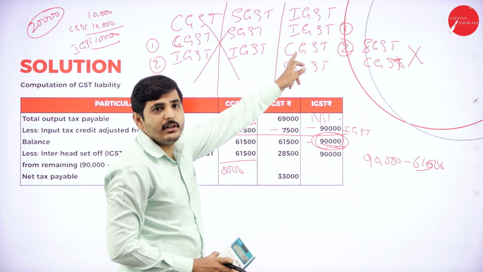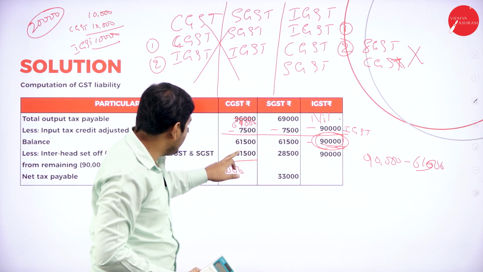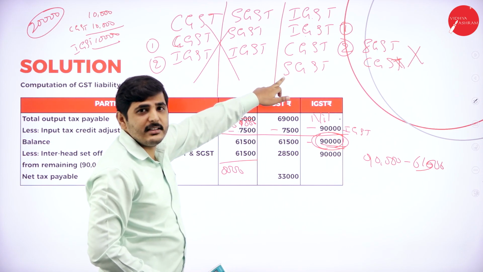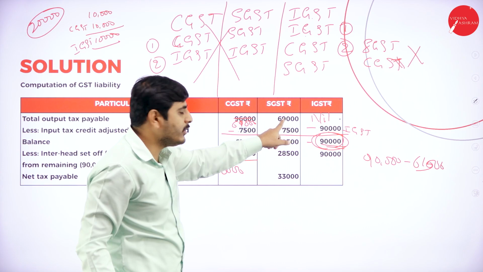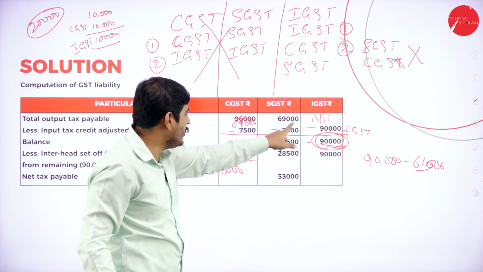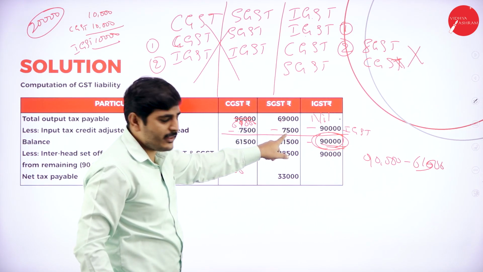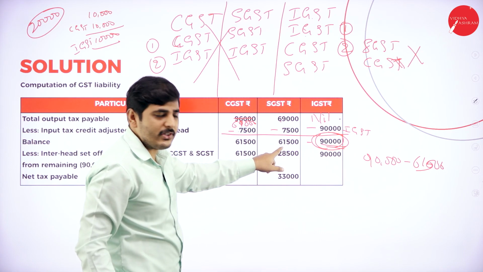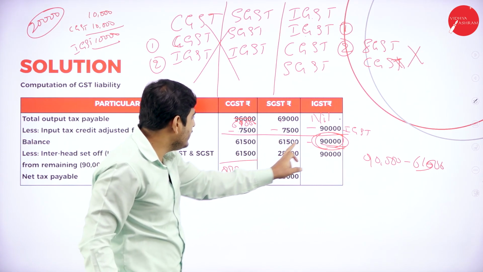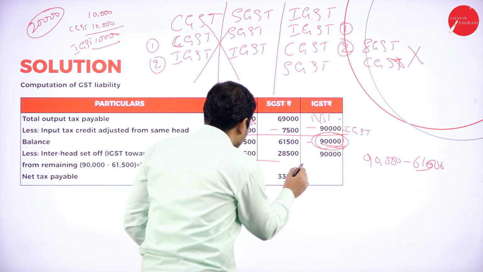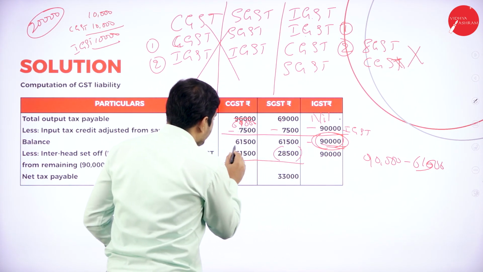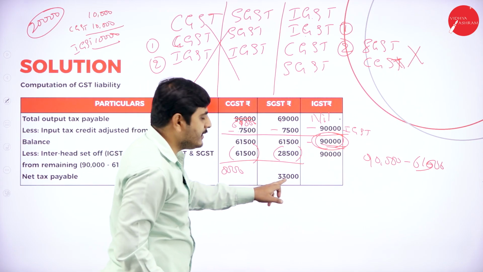Any amount available after deducting CGST, we can then go for SGST. In SGST also we have to pay 61,500. The actual tax payable is 69,000, of which we have utilized 7,500. Remaining is 61,500. So excess IGST is available. We have 28,500, and this amount we can deduct here. Remaining tax payable is 33,000.